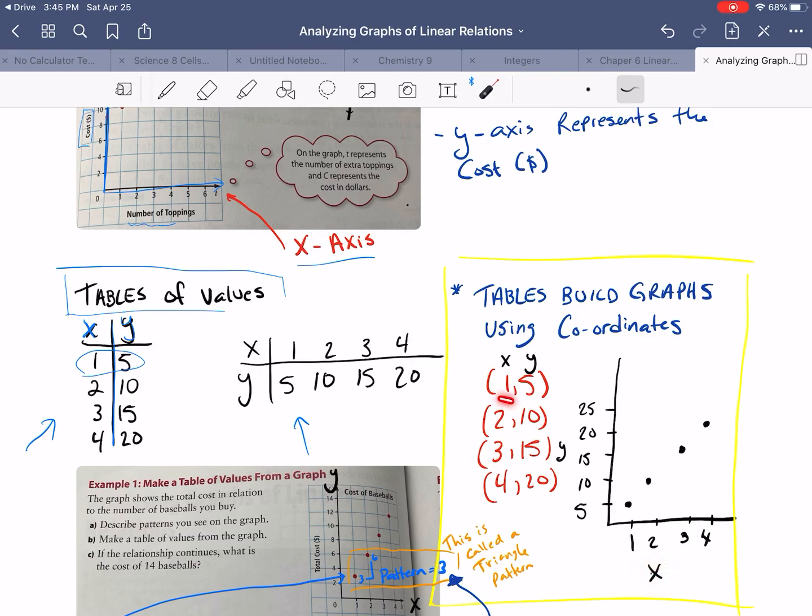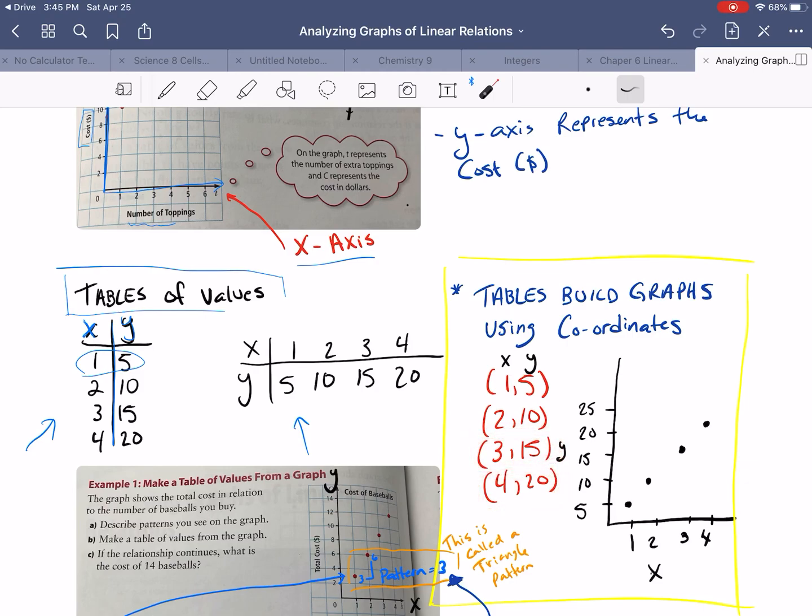So you go to the 1 on the x, which is right here, and then up to 5, and we make this little triangle, and that's where we would put our dot. The next coordinate says 2 and 10, the same as on our table of values. We start with 2, go up to 10, plot this little dot here, and continue to go through and plot.